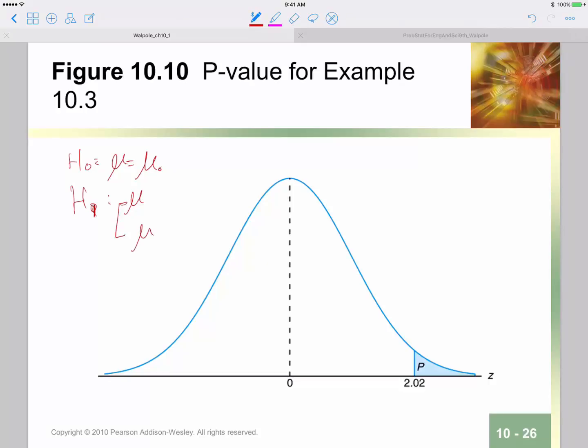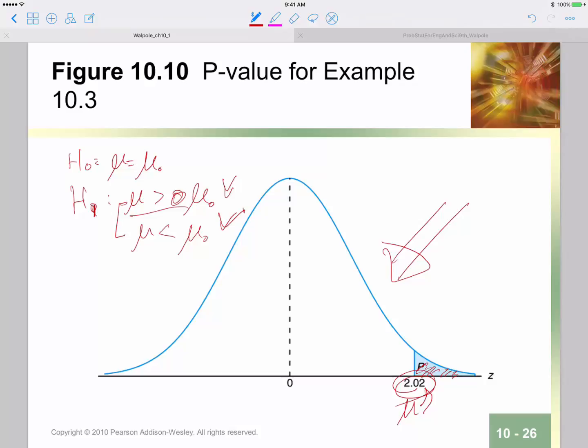Would the alternative hypothesis be that mu is greater than mu 0 or less than mu 0? Which one is true from looking at this figure? We obtained the sample mean as 2.02, and the p-value is computed only on the right side. So in this case, which one is true? The first or the second?